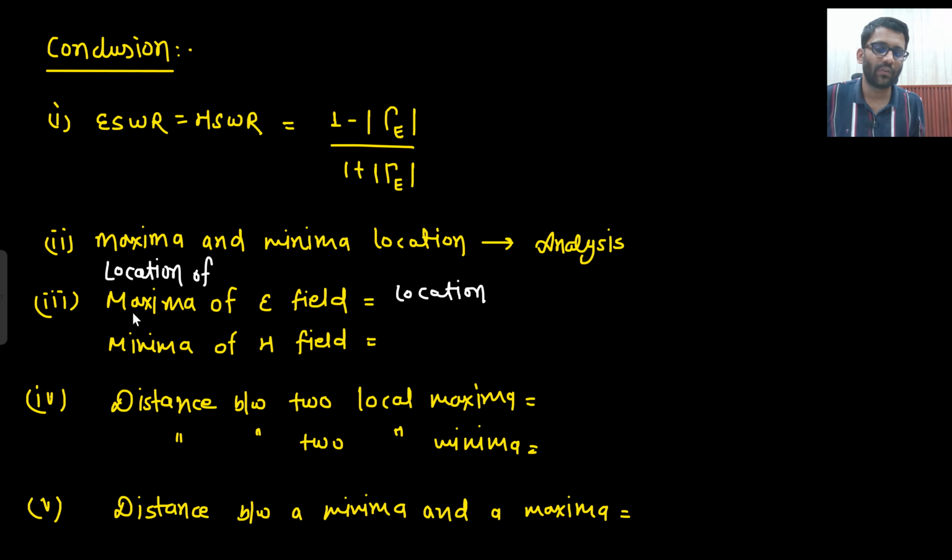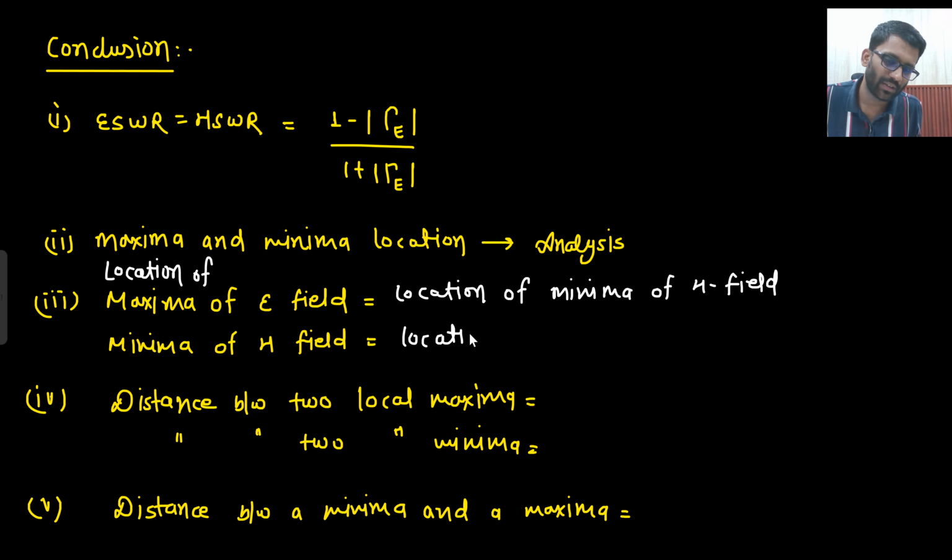So location of maxima of electric field is equal to location of minima of H field, and location of maxima of H field is equal to location of minima of E field.